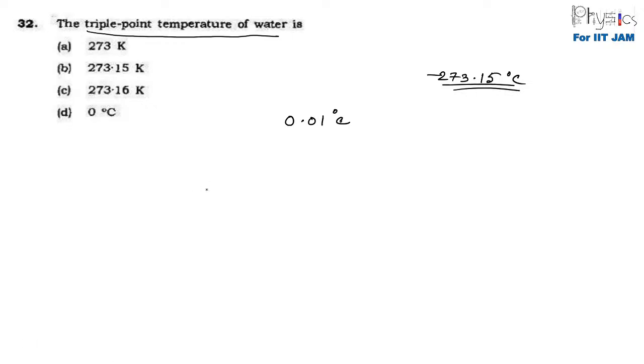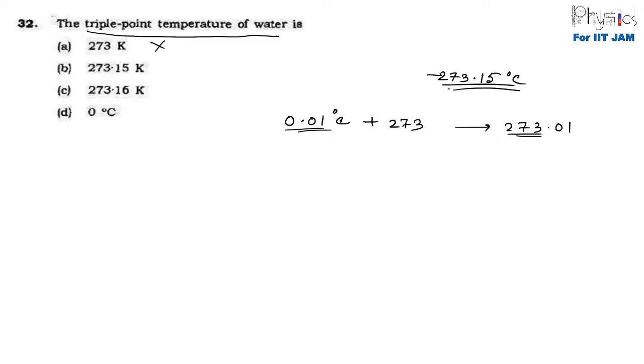So in simplicity, we always add 273 with this temperature, and simply we round it as 273.01, and you would answer it like 273. That is option A, but it is not correct.